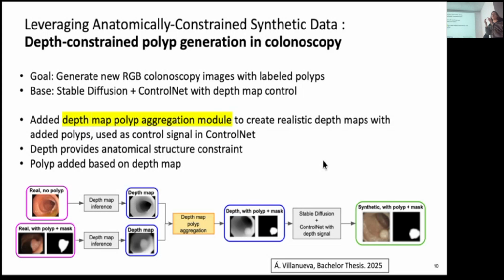That has an influence on where you're going to find the polyp. You can't find it right in the middle of the deepest point in the depth map. You have to find it on the edges. We also had to smooth the polyp with the depth map.